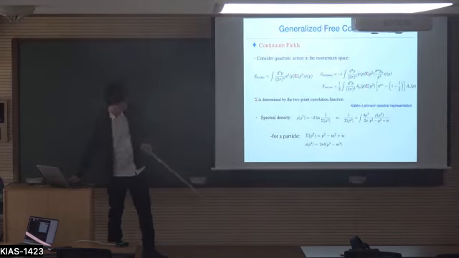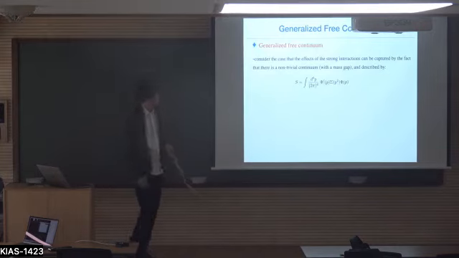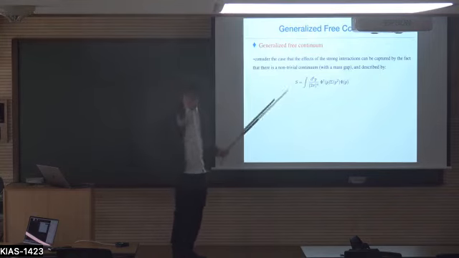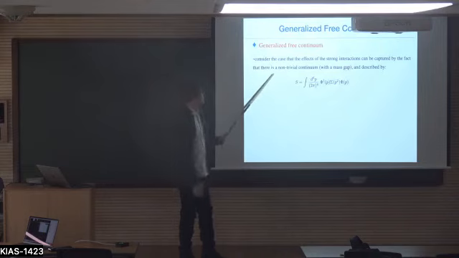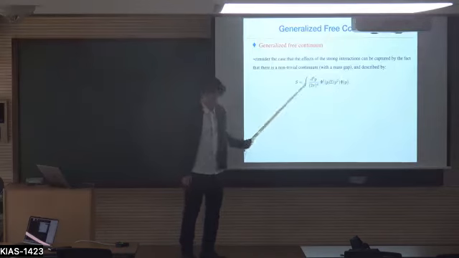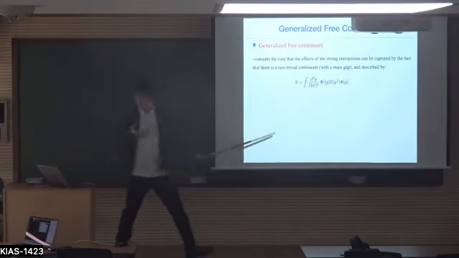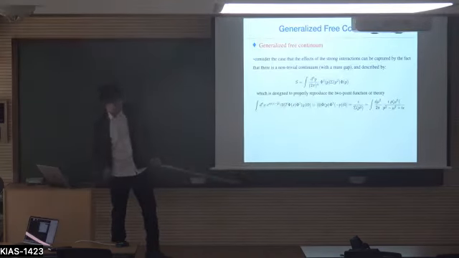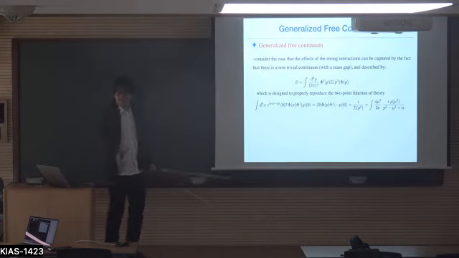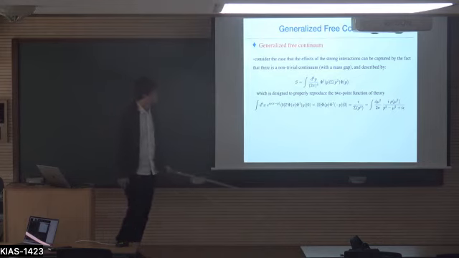But what we're trying to do is consider the case where there is some strong sector, whose strong interaction can be captured by a non-trivial continuum. This is described by the same effective theory Lagrangian. Let's first focus on scalar fields, because that's easiest, and then I will add vector and fermion at the end.